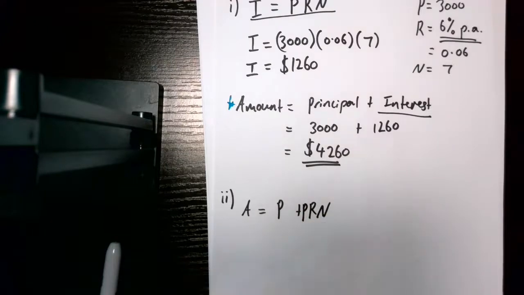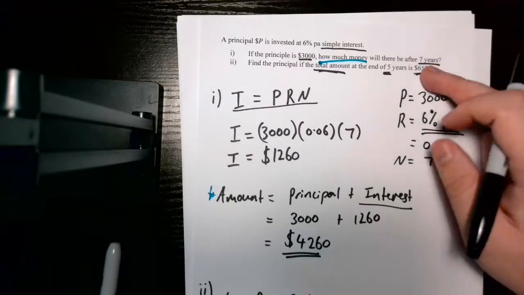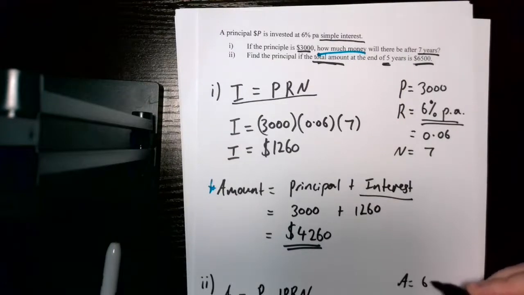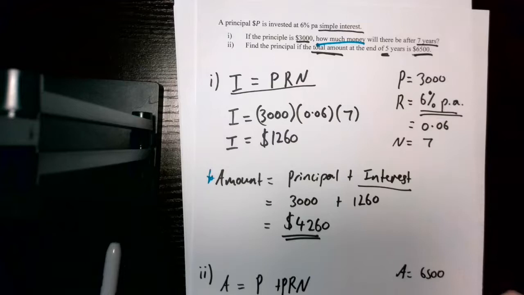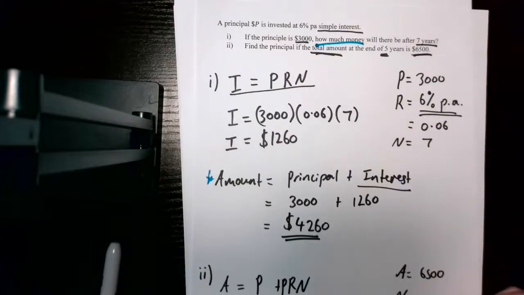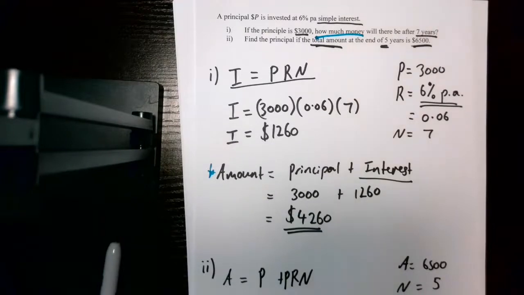Now we can start plugging in values once we've identified them. We know our A is equal to 6,500. Our amount is in there for a period of 5 years, so N is equal to 5. We don't know what our principal is because that's what we're trying to find, and our interest rate is the same as last question, 0.06.